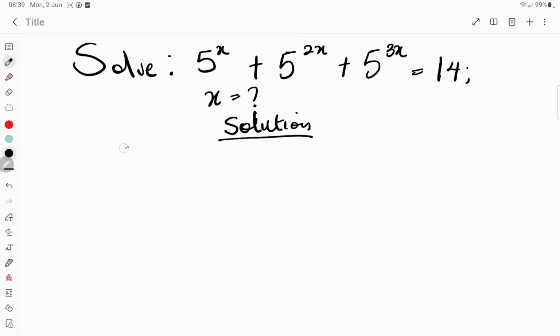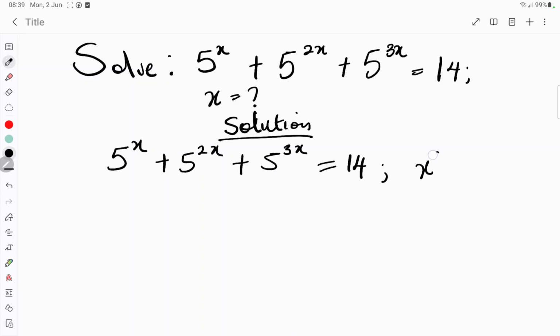But for us to solve something like 5 power x plus 5 power 2x plus 5 power 3x is equal to 14, from the laws of exponent, we know that when we have x to the power of ab, we can write it as x to the power of a raised to power b, or x to the power of b raised to power a.